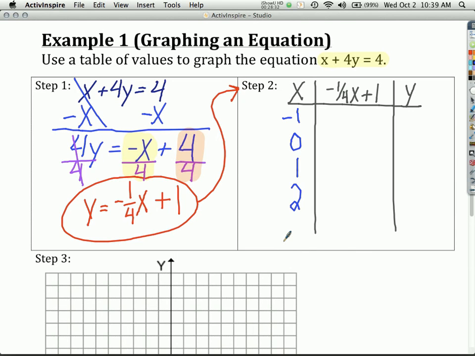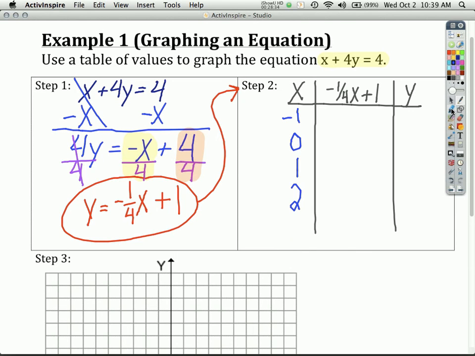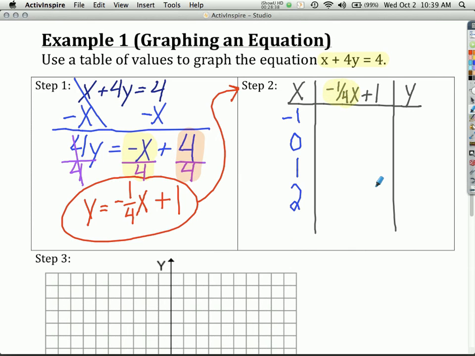Now we can do that, but I want you to look right here. If I plug a -1 in there, simplify it, and then add it to 1, am I going to end up with a friendly number? No, it's going to be pretty unfriendly. And I have to then graph it on a coordinate grid.